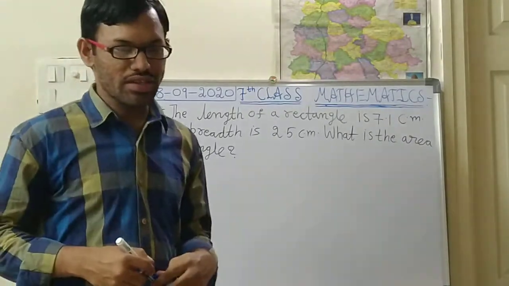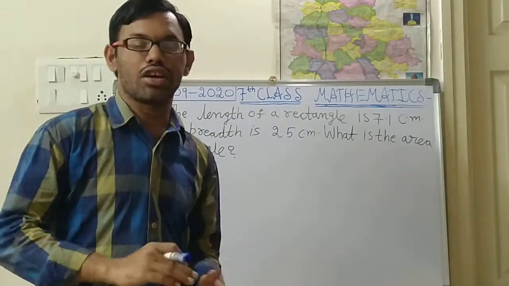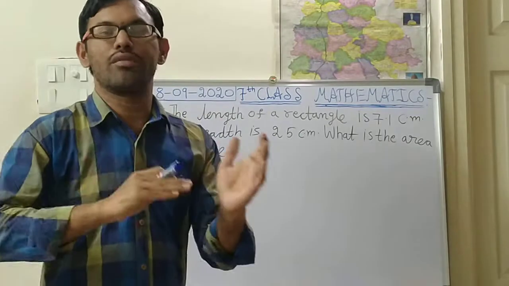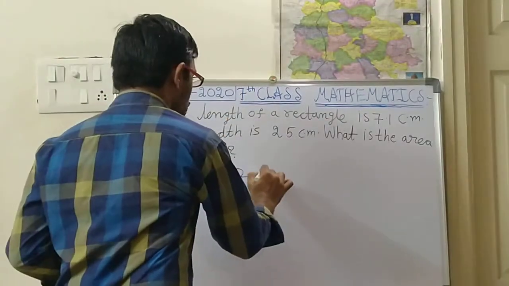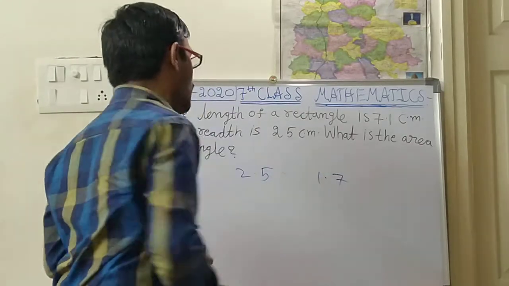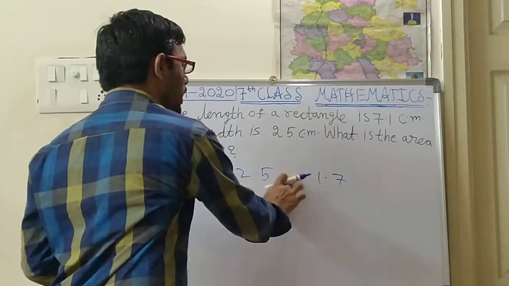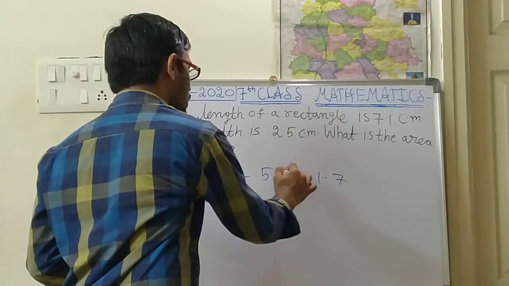In the previous class we discussed the multiplication of decimal numbers. A decimal number with a decimal number, how do we multiply? Suppose 2.5 and 1.7 are there. How can we multiply these two numbers?